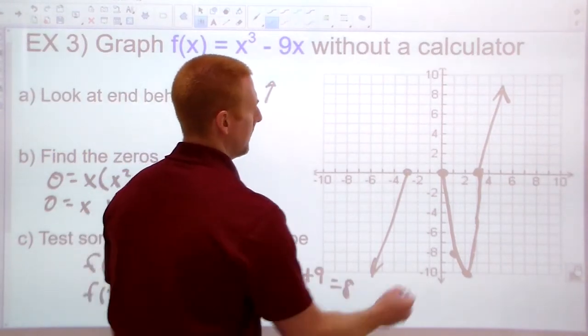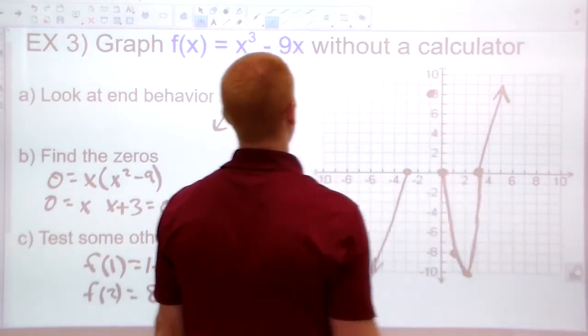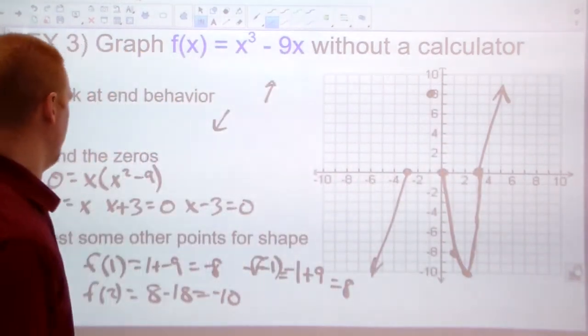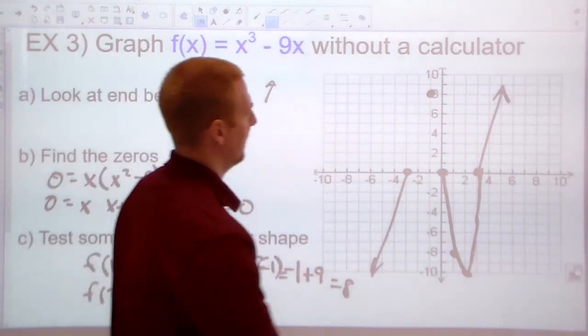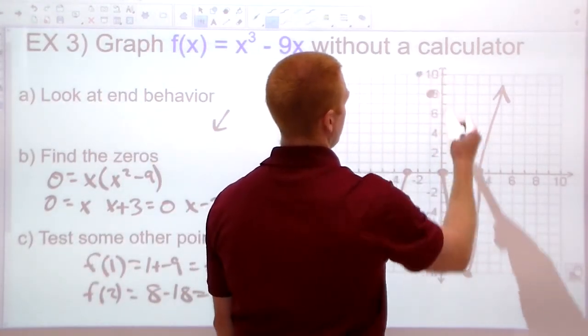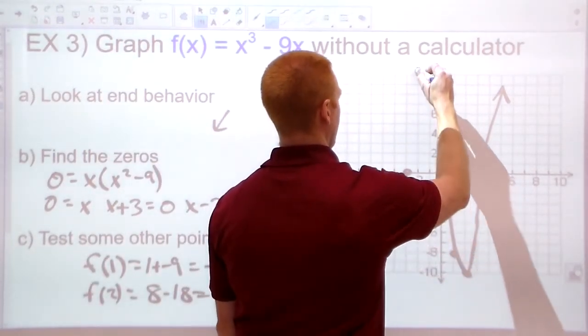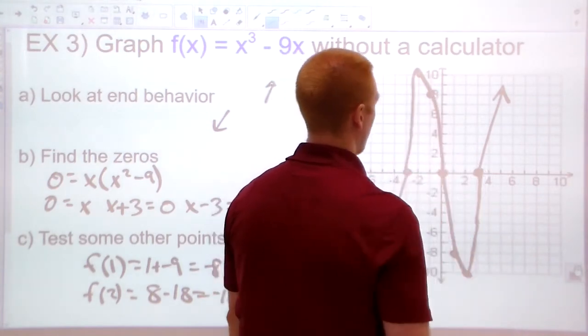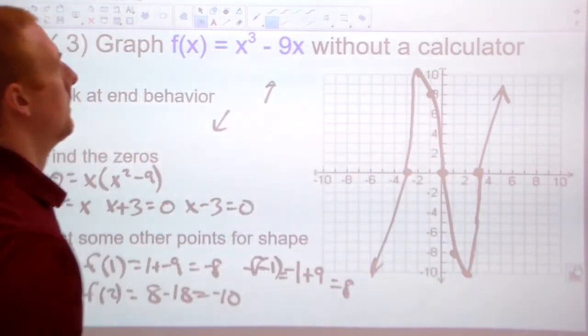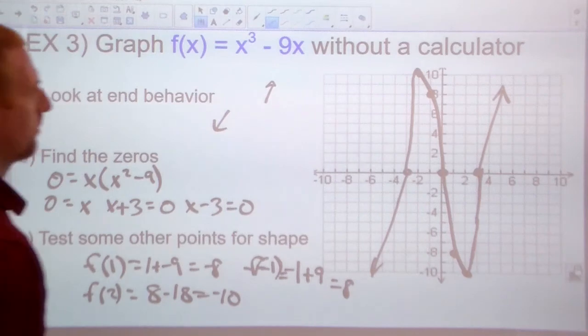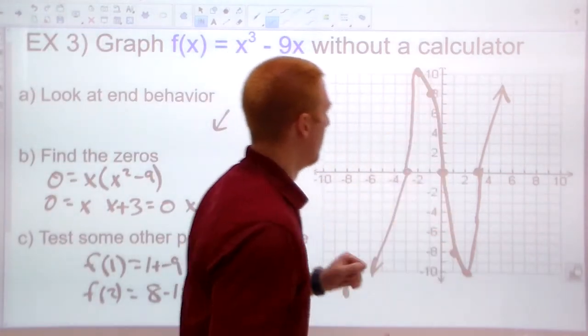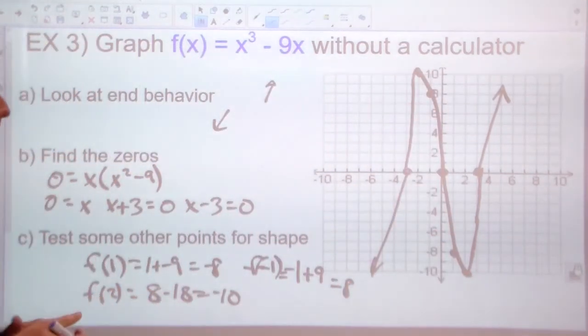So that would be 8. So negative 1, 8. And I'm just going to tell you, and you can double check it if you want to, f of negative 2 would actually be 10. So looking like it's going to be an even function. Sorry, odd function, not even. All right, so that's a pretty gnarly looking curve to it. But that's the idea, and that's really all I'm looking for by hand.